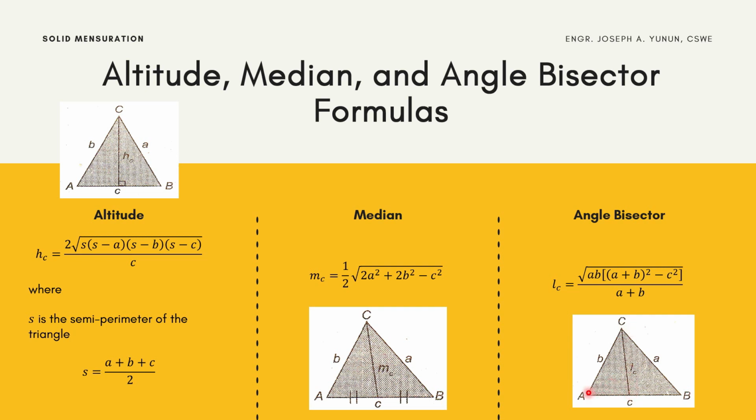For example, if I draw a median from vertex A going to side A, my denominator probably will be B and C. Then AB here will be changed to the product of B and C, and then B plus C minus, probably this is A squared. So just simply refer to this given figure.